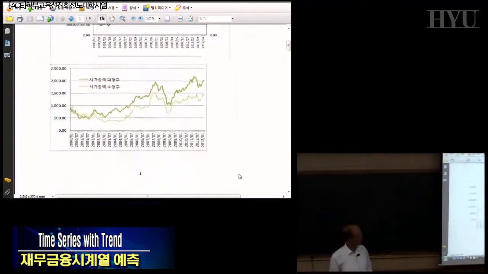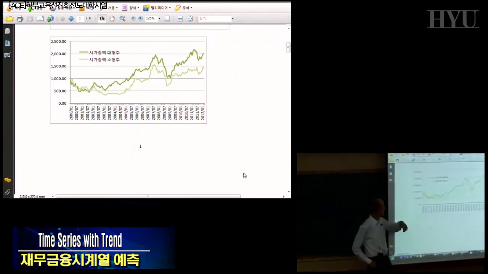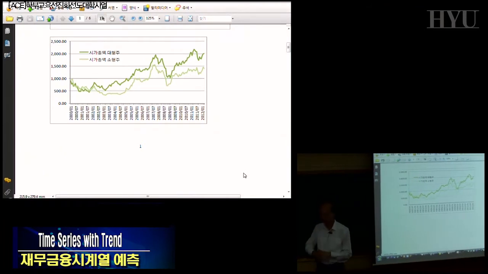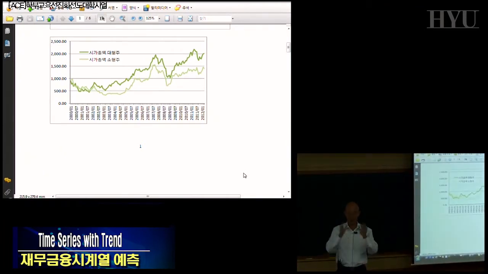Also, if you look at some other typical series, like market capitalization of, let's say, large cap stocks or small cap stocks, all of those show more or less a stochastic trend, but that is just our impression.